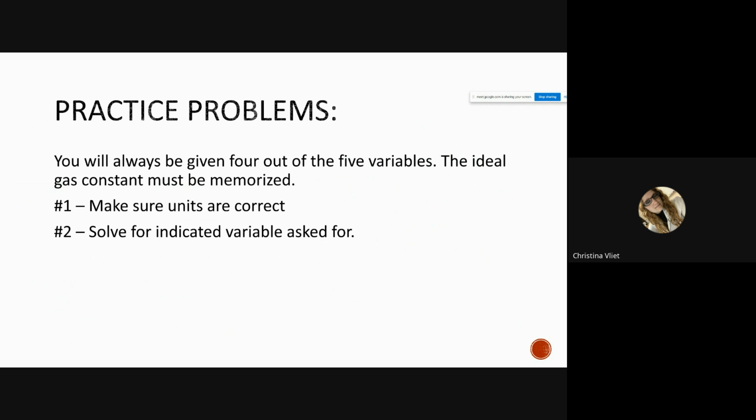All right, so practice problems time. And I told you there would be an opportunity for donuts, I think. So there is a question that says your turn. I think I might be able to give you 2 opportunities, but let me go through a couple questions first so you get the idea. In the general gas equation you're always going to be given 4 out of 5 things, and you're going to be solving for the last one.